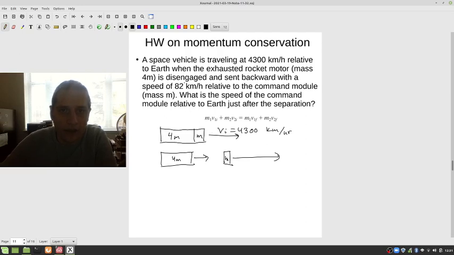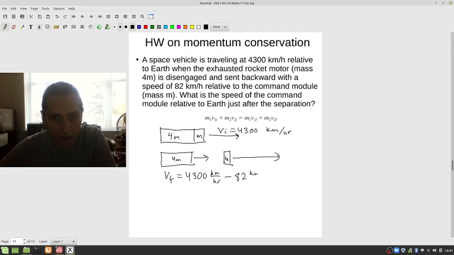Now they tell me that this is set backward with a speed of 82 kilometers per hour relative to the command module. So what that means is this V final is going to be 4,300 kilometers per hour minus 82 kilometers per hour.